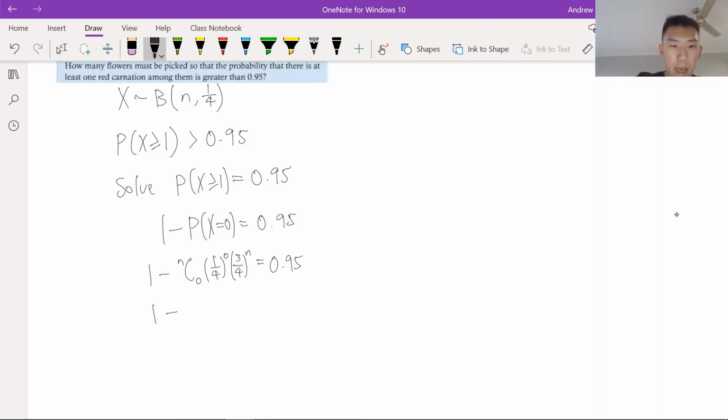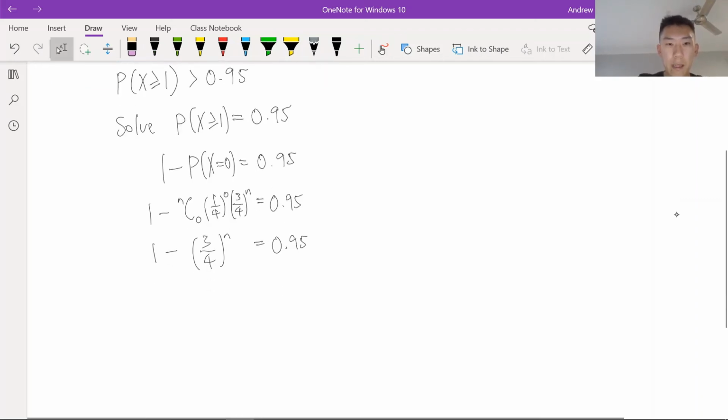And then 1/4 to the power of 0, that's also 1. So we're actually left with 3/4 to the power of n should equal 0.95. And then if we just isolate 3/4 to the n, we'll get 0.05.